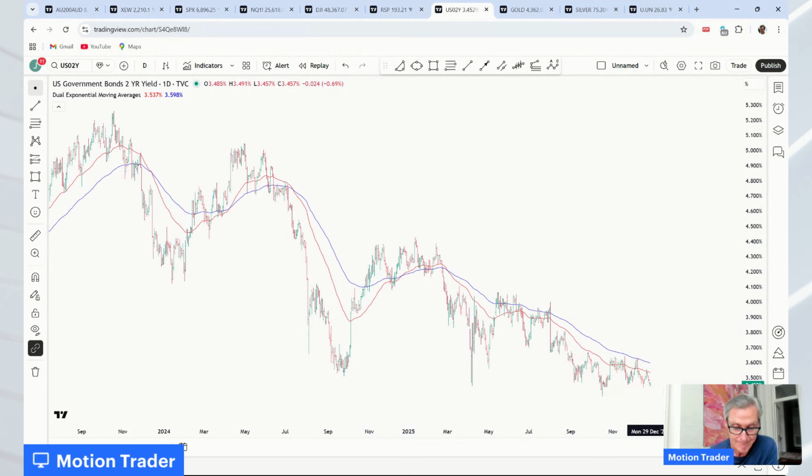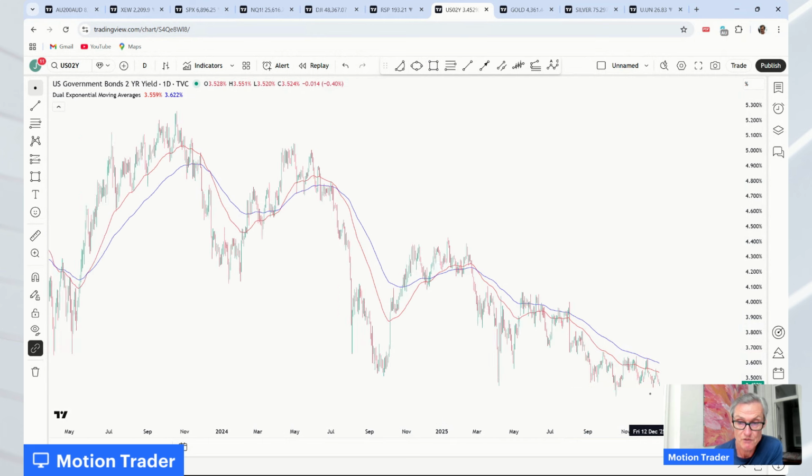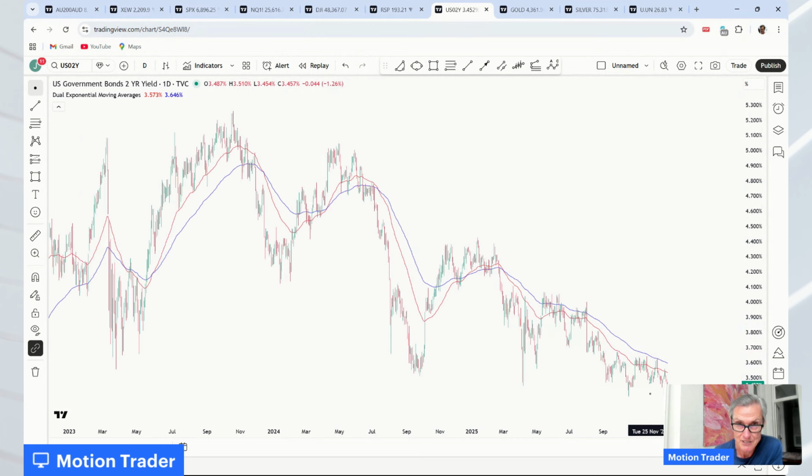So what that means for markets, well, it could be argued that lower rates point to a weaker economy, so maybe that's bad for stocks. But I think it could also be due to Trump's pending announcement of who the new head of the Federal Reserve is going to be next year, and it's tipped that it's going to be someone sympathetic to lower interest rates.